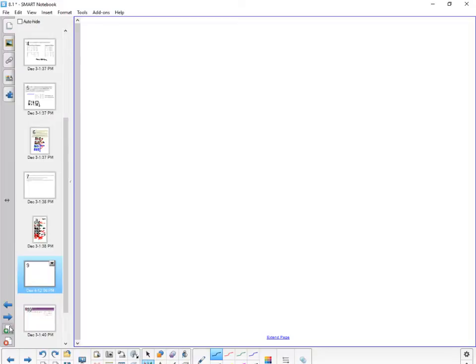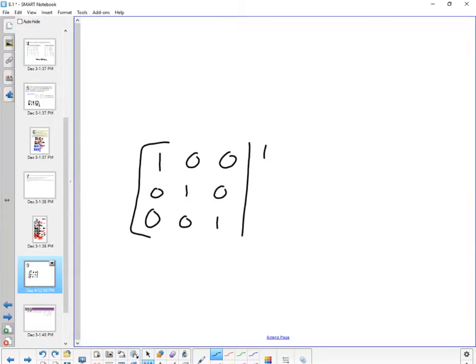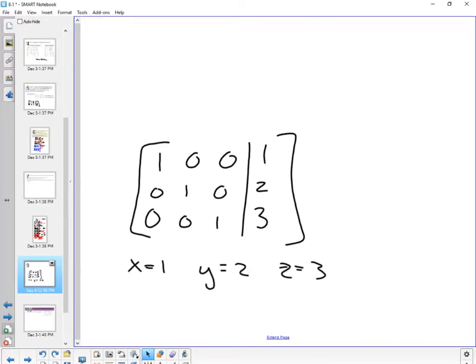If I put that into reduced row echelon form, let's say this was my matrix at the end. Once I've gone through all the operations and I've got my zeros above, this is telling me that x equals 1, y equals 2, and z equals 3. So reduced row echelon is much better.